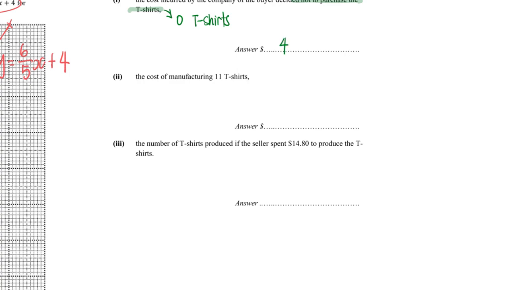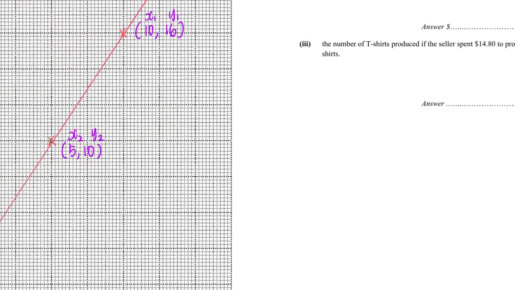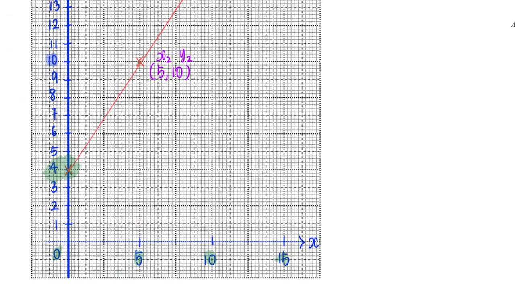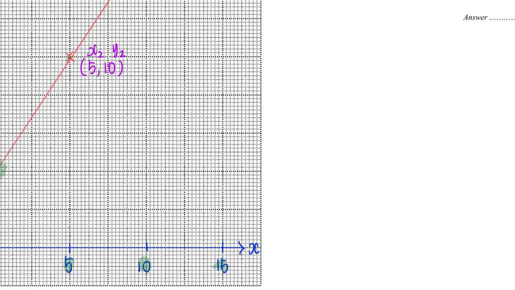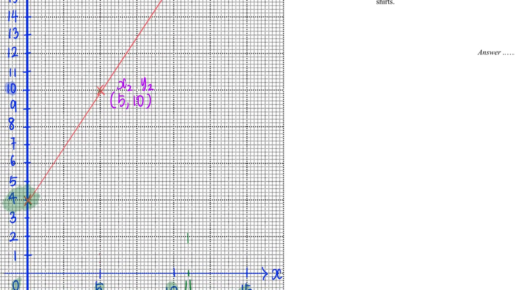The cost of manufacturing 11 t-shirts. We will have to look into the point where it is 11, and so we slowly draw a dotted line.